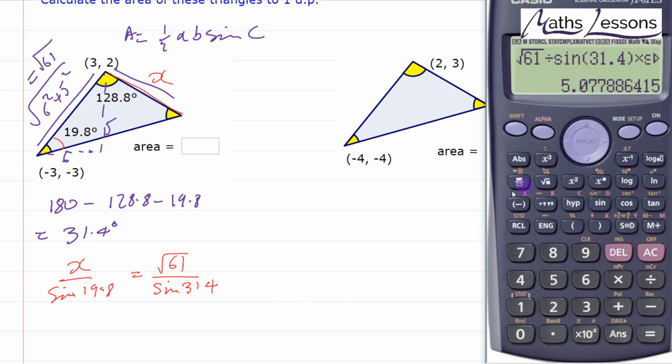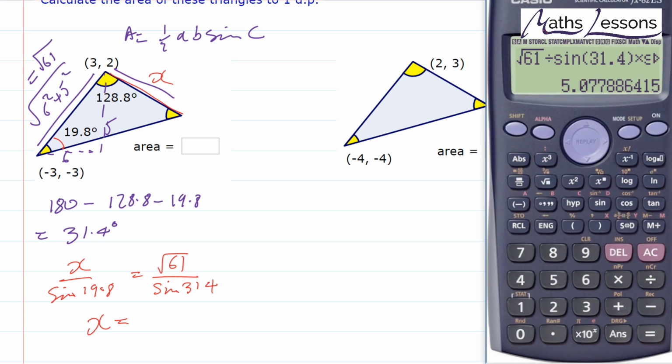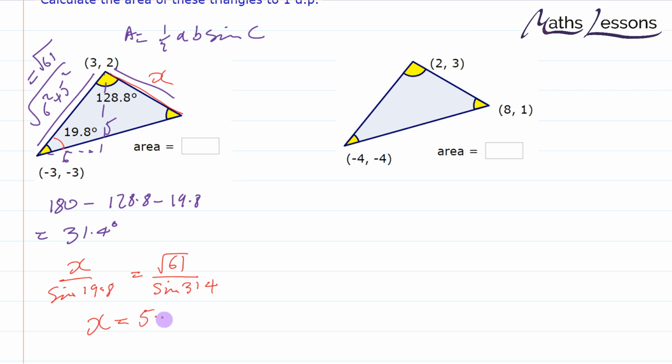So I get 5.07, and that does make sense actually, because that side has got to be shorter than this side here, because it's opposite the 19.8, which is our smallest angle. So there we go. We get x is equal to 5.077, which must mean the calculator I originally did it on was in the wrong mode.